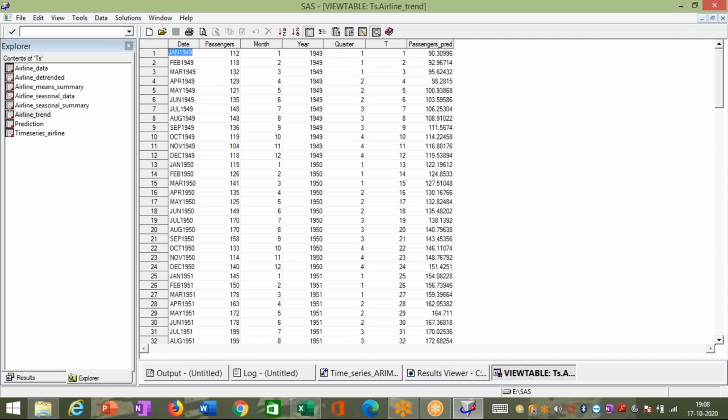So basically Jan 1949 is assigned the value 1, 1949 Feb is assigned the value 2. So this is the first time point, second time point, the third time point, like this. So basically, if you see this Jan 1950, right? It is the 13th time point, right?